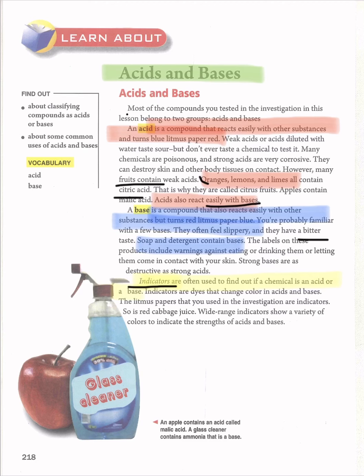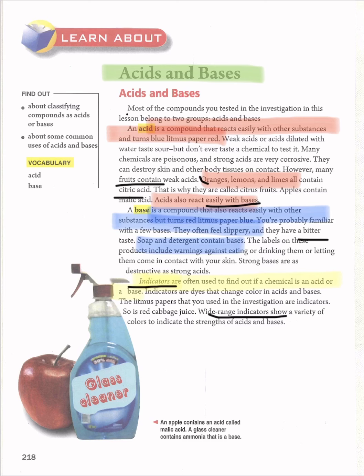And here we have a wide range indicator. A wide range indicator is another indicator that shows a variety of colors to indicate the strength of acids and bases. With it we can find out whether an acid is strong or weak, or a base is strong or weak.